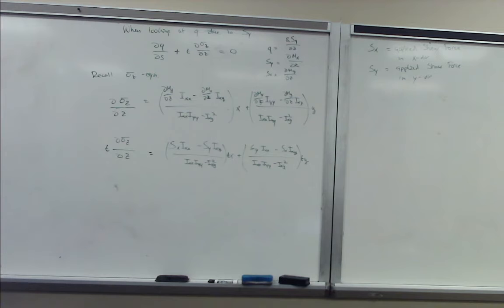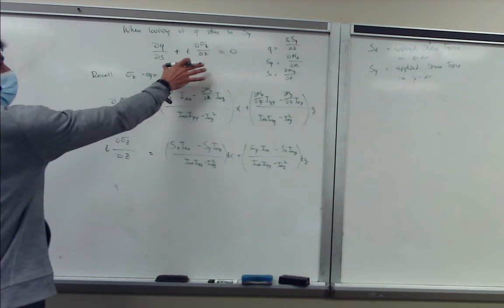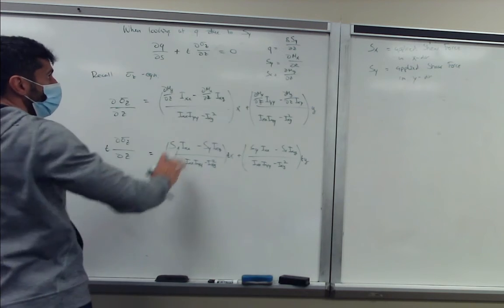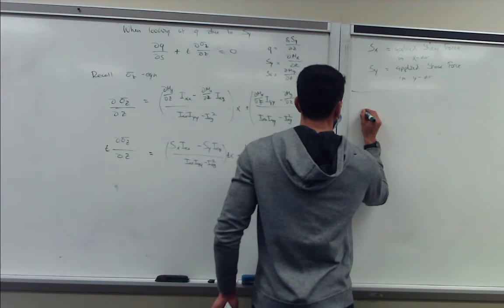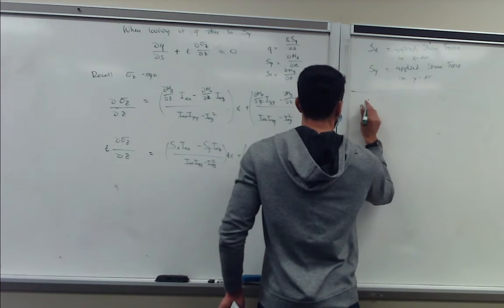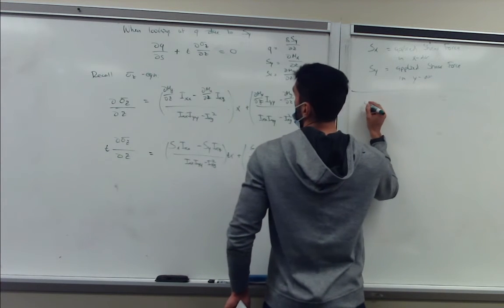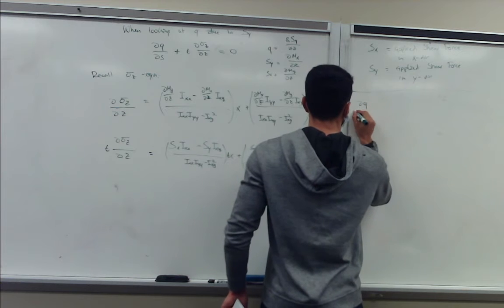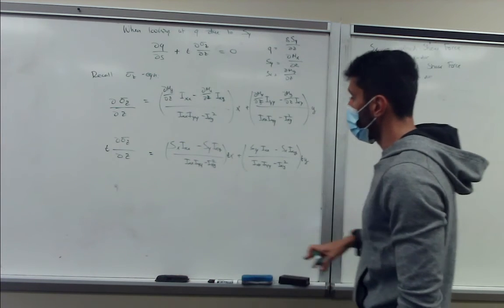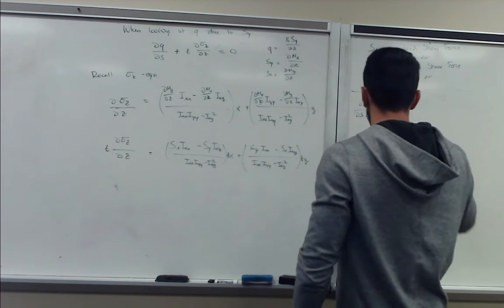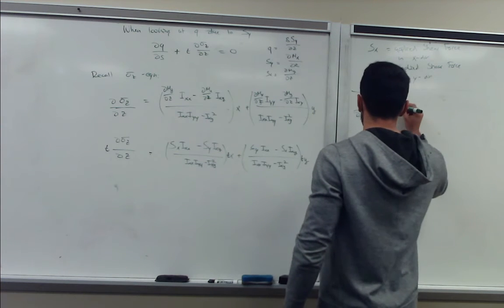And what we can then do is take this to the left hand side, so it becomes a minus. It's a bit easier to take the minus and put it in front.